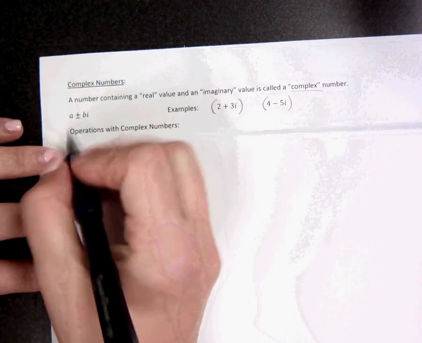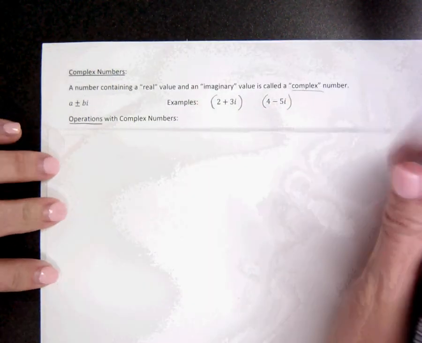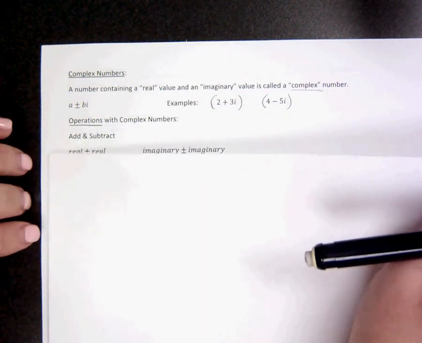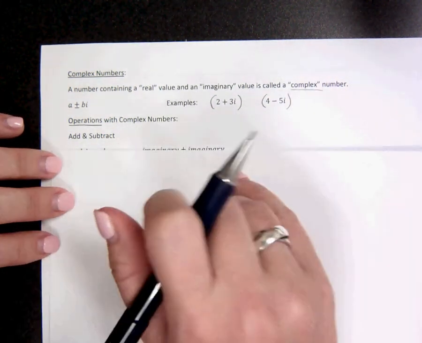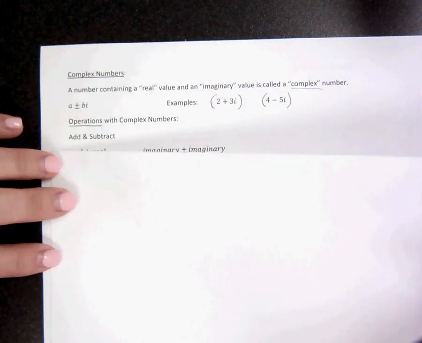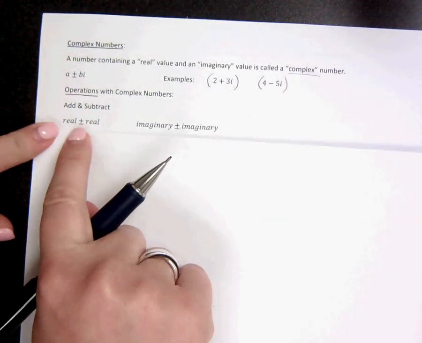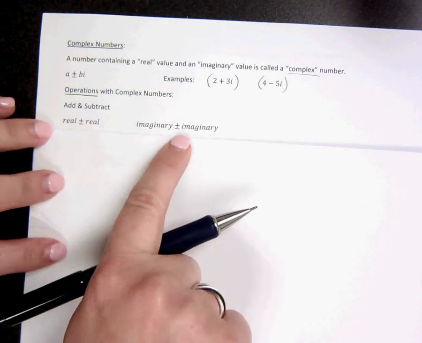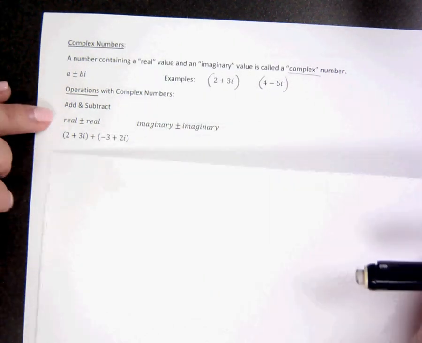So we're going to do some different operations with these complex numbers. Remember what we just talked about, imaginary numbers. We're going to add and subtract, we'll multiply, and then we'll divide. So for adding and subtracting, you put the real number with the real number, the imaginary number with the imaginary number.